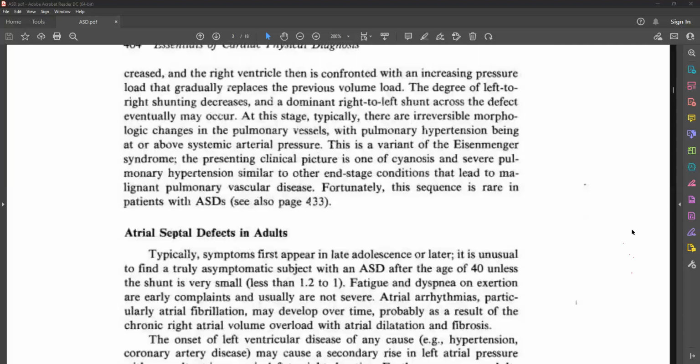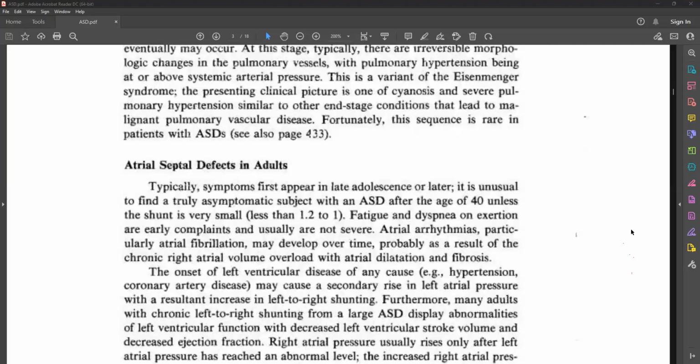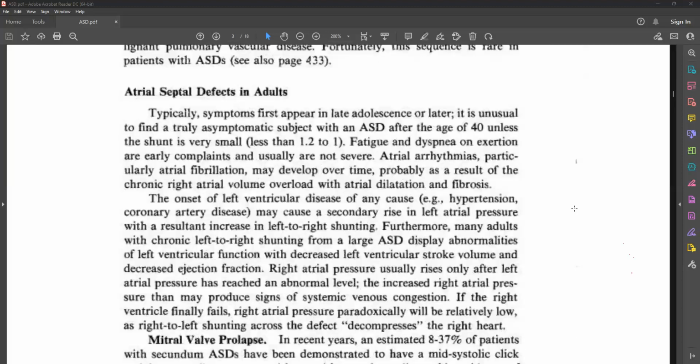Now, one thing you need to remember in this paragraph where atrial septal defect in adults is given is that 40 years is the thing. So beyond 40 years, atrial septal defect gets diagnosed if it is a small atrial septal defect. Large atrial septal defect mostly presents before 40 years of age. So that is the cutoff you have to remember.